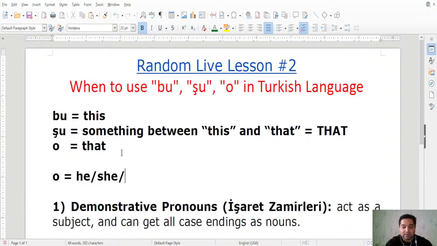She, and it. So here it is a personal pronoun, not a demonstrative or adjective. So that o specifically is an exception, because apart from meaning that, it also has a personal pronoun meaning he, she, it. Okay, just as a side note, and nothing else.